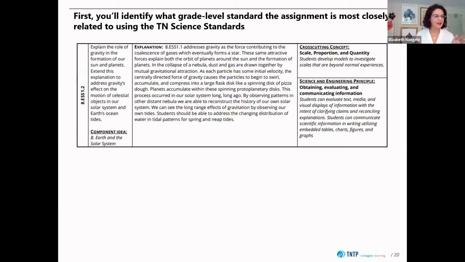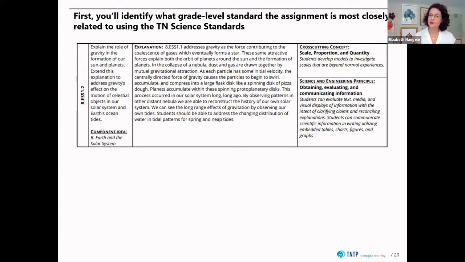So we didn't see in this assignment a focus on either the origin of the sun and the planets, or the effect of gravity on keeping those things in orbit, or the effect of gravity on how we experience it on Earth, with tides and moon phases.